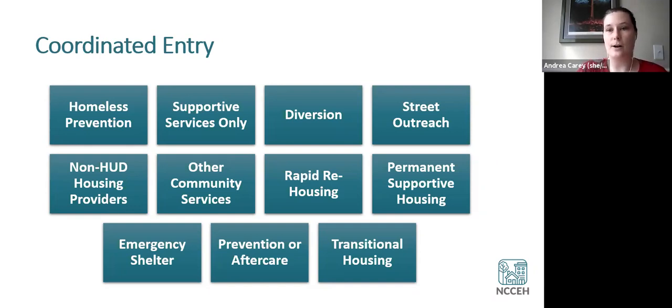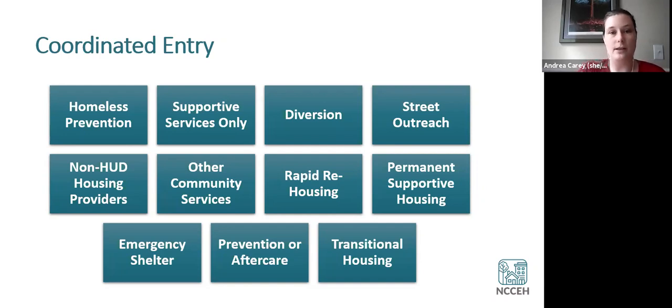That's everything from access points, where folks are presenting for services and being assessed, the assessment in our communities. Coordinated entry also revolves around prioritization and how we are connecting people to our limited resources in communities. And finally, those referrals that ultimately connect folks to housing resources or crisis resources.